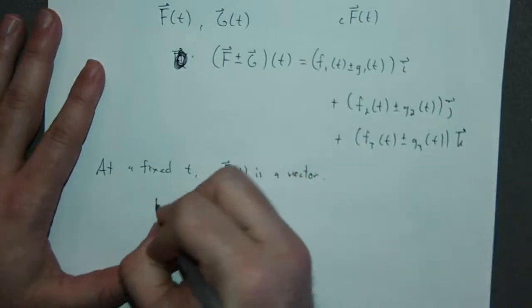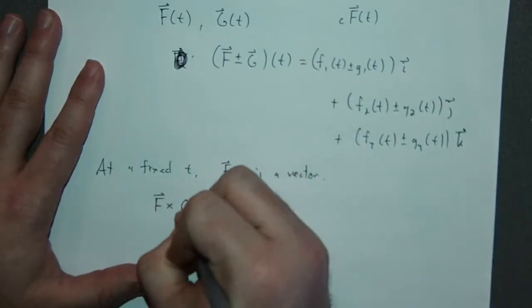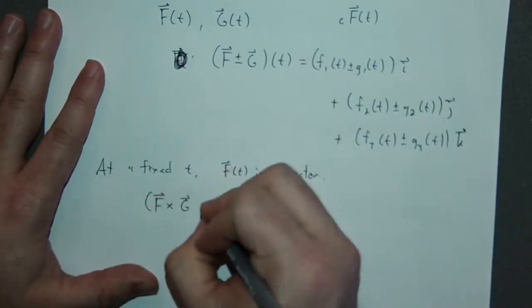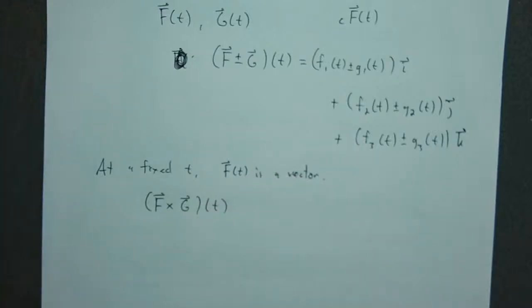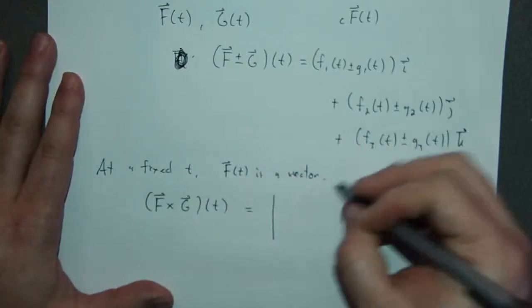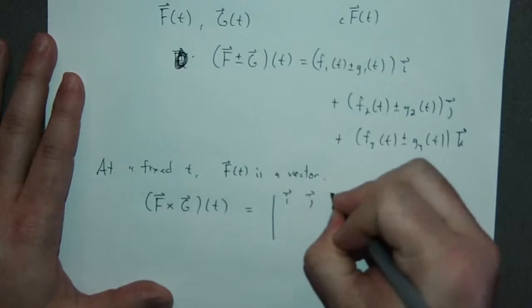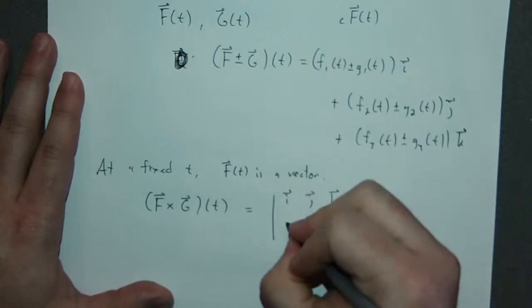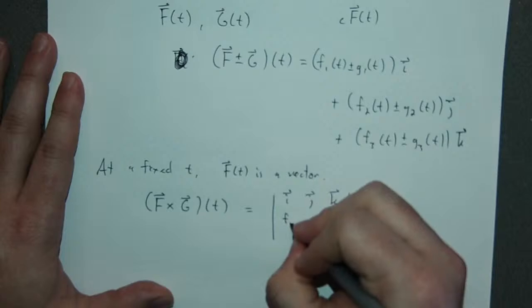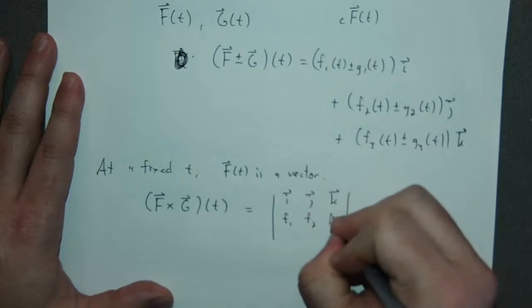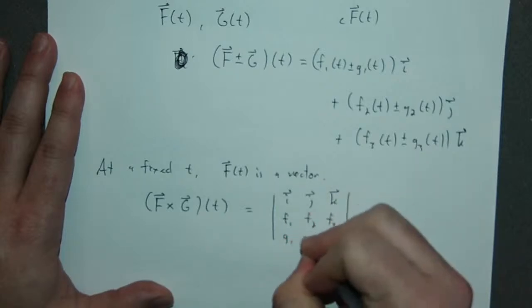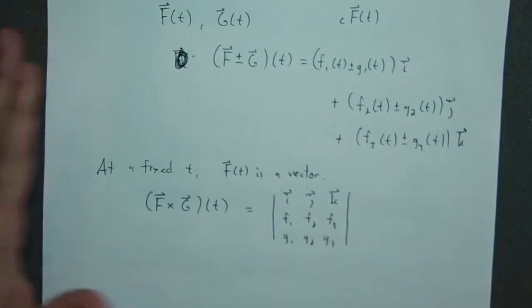So we could define what it means to cross two vector valued functions, right? What does that mean? That means exactly what you think it means. It's that I literally form the cross product of, where what goes here is a function of t. Okay, so this is what I can do.